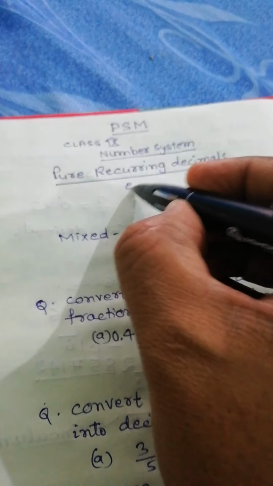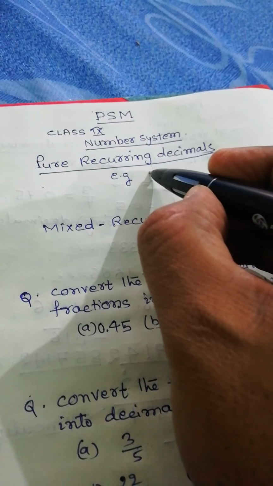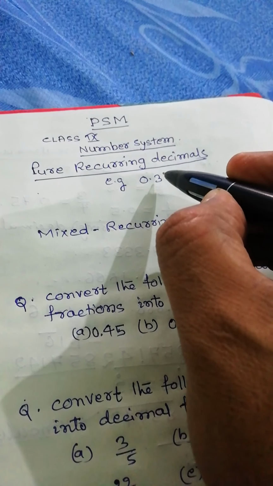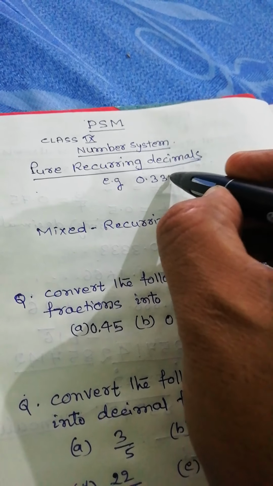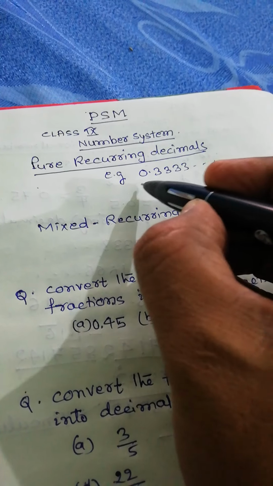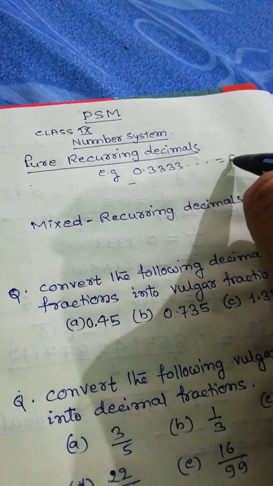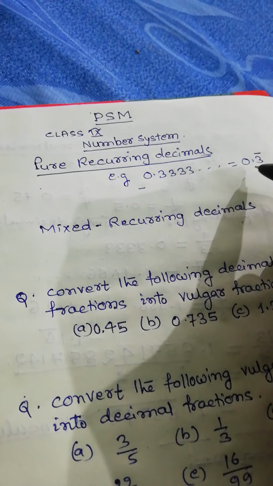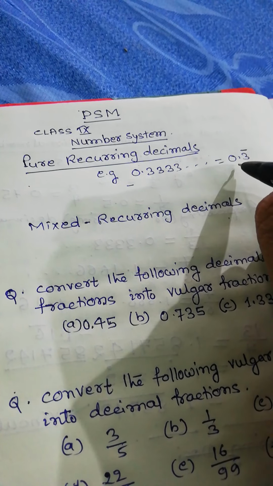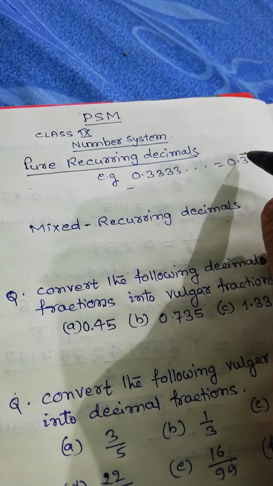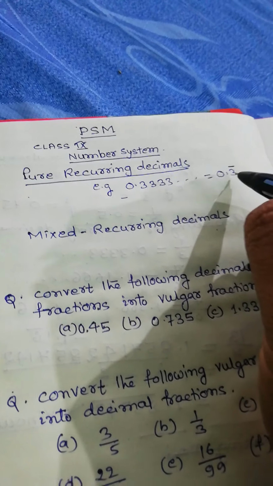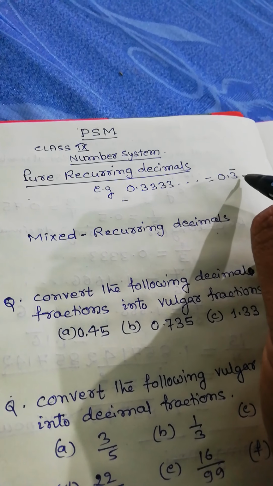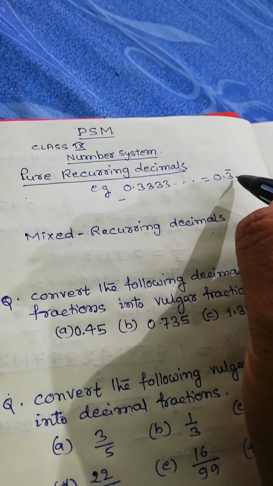For example, 0.3333 and so on, which can be expressed as 0.3 with a dash. So here this is a decimal number in which all the figures after the decimal are repeating.